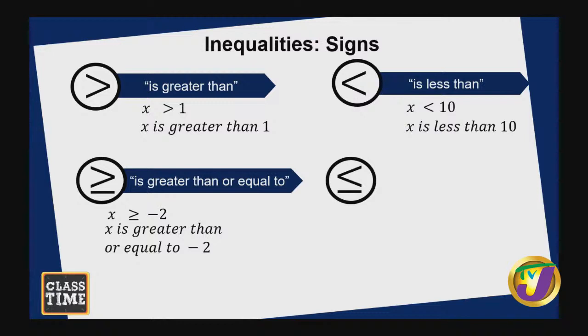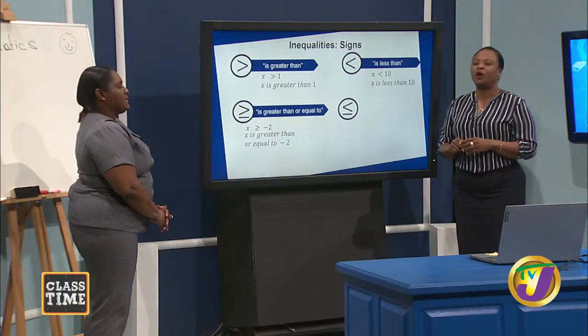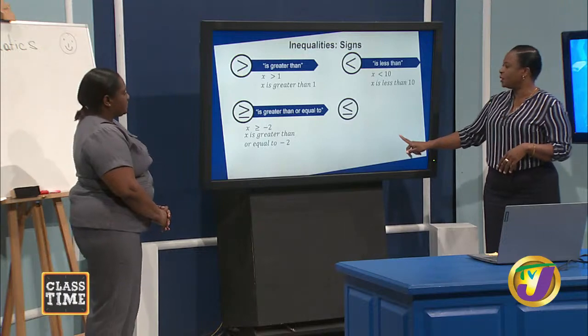The example states that x is greater than or equal to -2, read from left to right. And what I'm understanding is that in whatever solution set there is, -2 is a part of the solution set. Right, for this example it is.